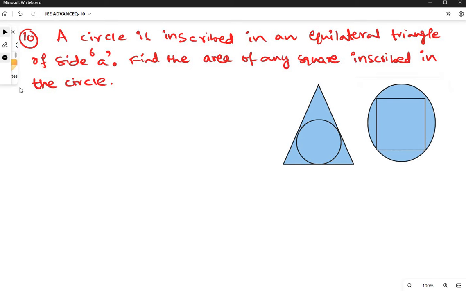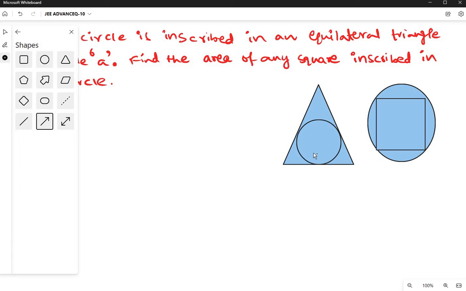The circle touches here, from the center to this point, and at the same time one more. This arc is called one radius.